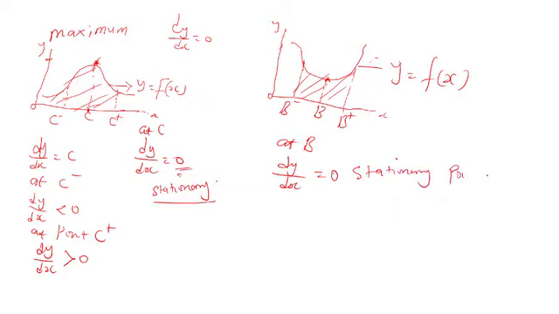Now at point B plus, dy/dx is still greater than 0. So it's never a stationary point. While at B minus, dy/dx is less than 0.